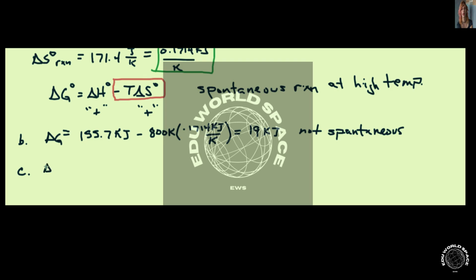But what happens when we get to 1,000 Kelvin? When we do the same reaction, same equation, same numbers except the temperature, we have 1,000 Kelvin this time.